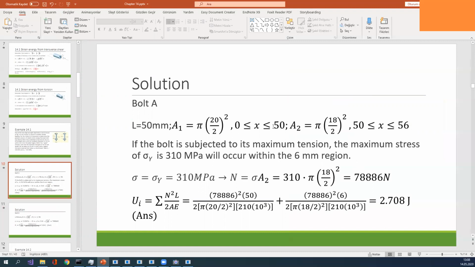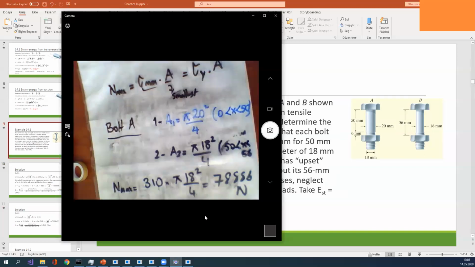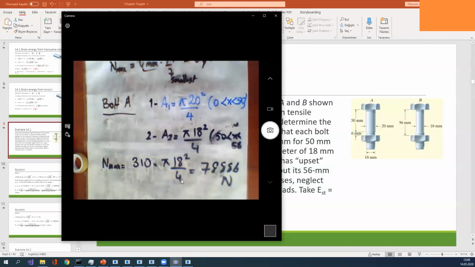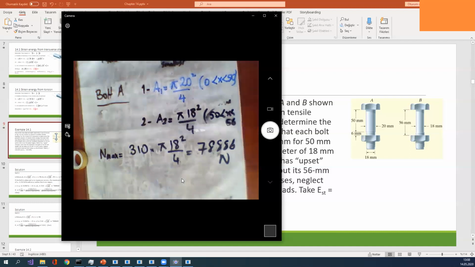We are working with Newton and millimeter, so Newton per millimeter squared becomes megapascal. I don't want any unit conversion here. So I can compute N, and after that I can use the energy formula.